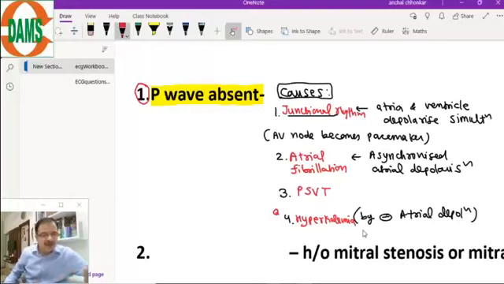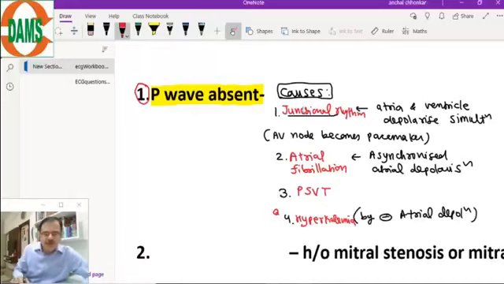But how does it occur? That we will discuss, because we have left one basic, basic 5. In that we will see how electrolyte imbalances affect the ECG. The most important electrolyte imbalance is the potassium changes, high potassium and low potassium, which we reserve for the end.